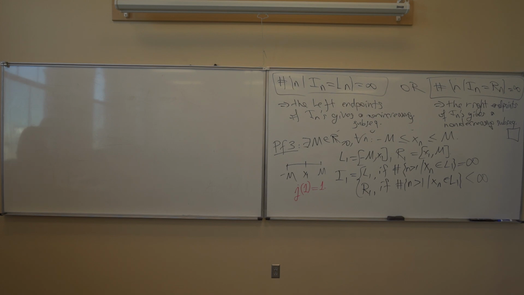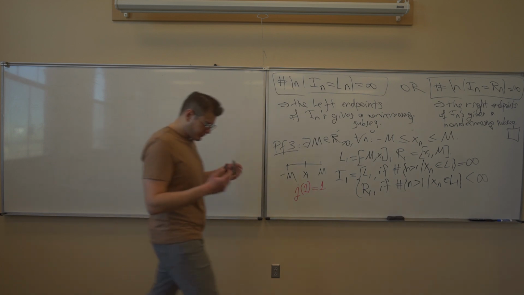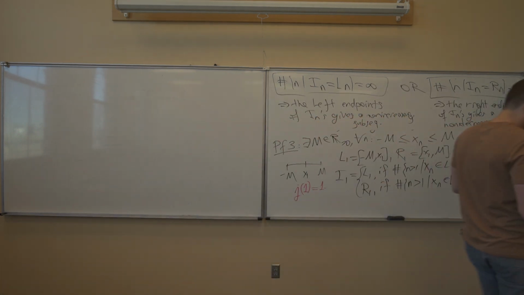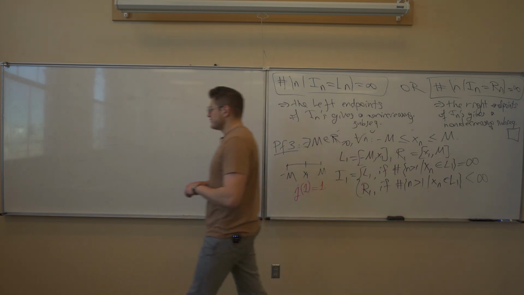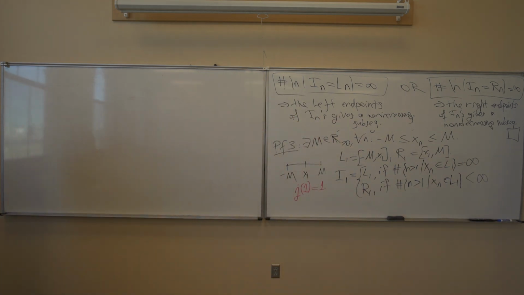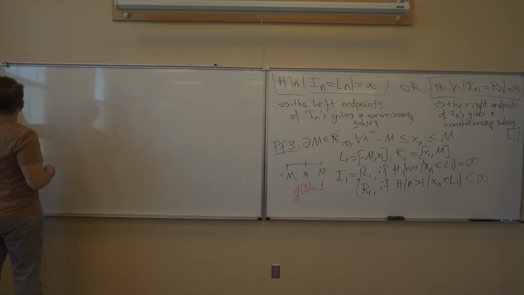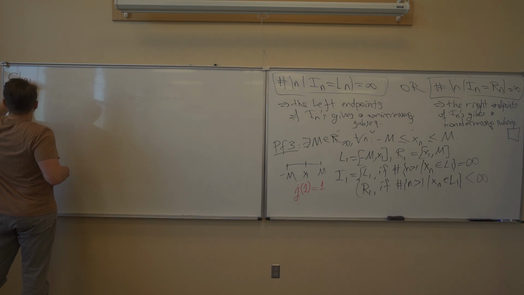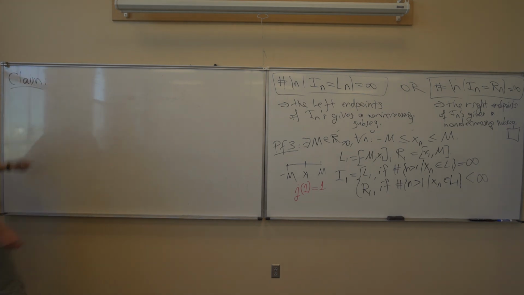Okay, let's do this. Now, there is a different property that a sequence of real numbers, or a sequence in an arbitrary metric space, can have, which is very useful, and it is the property of being Cauchy. So I'm going to write it just as a claim.